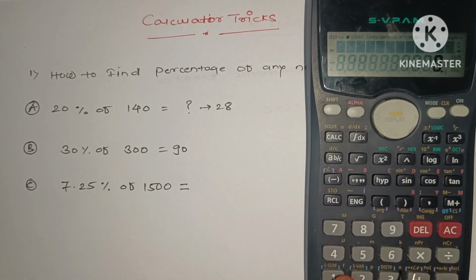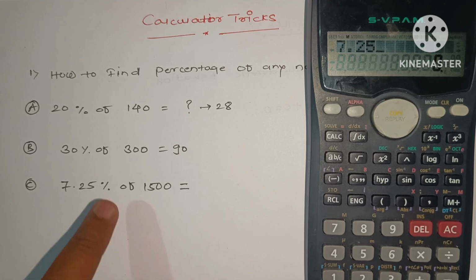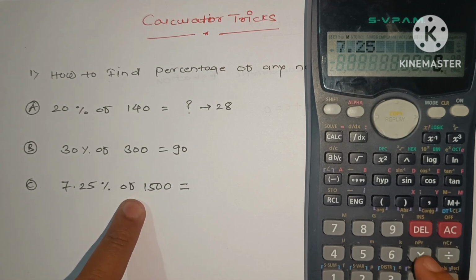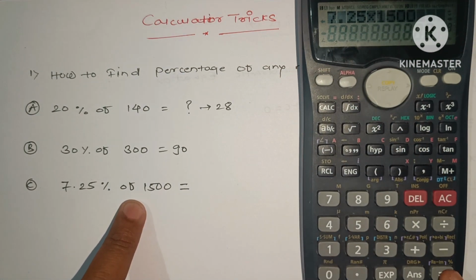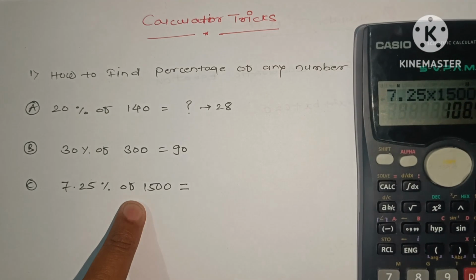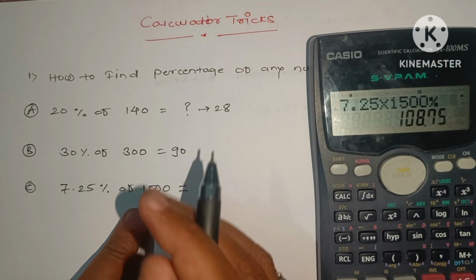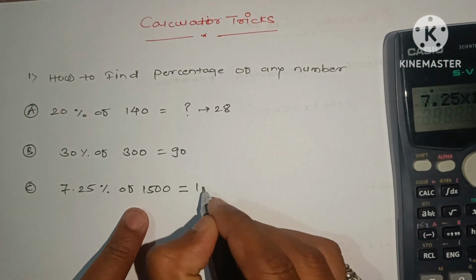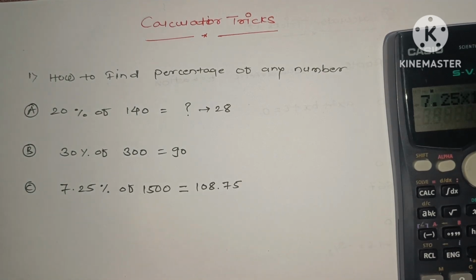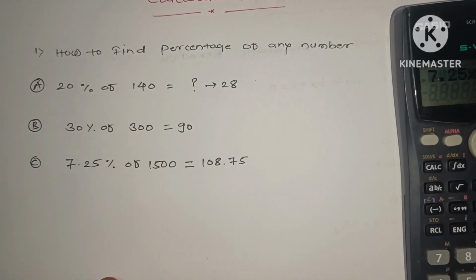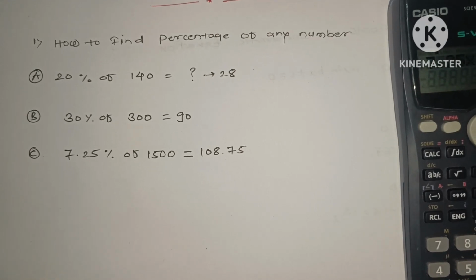Same, 7.25% of, multiplication में लिखेंगे 1500, press shift and then hit equal sign. So we'll be getting 108.75. So this will be the first phase, finding percentage of any number.